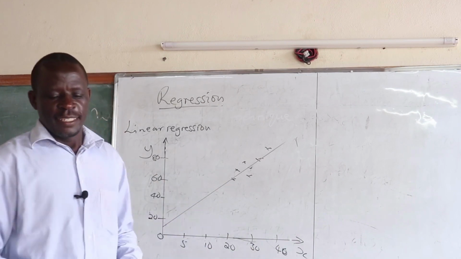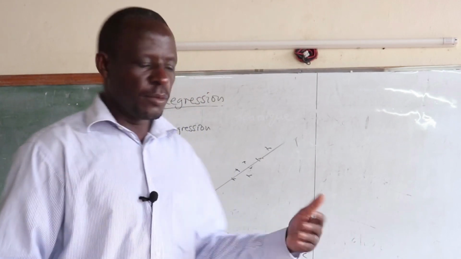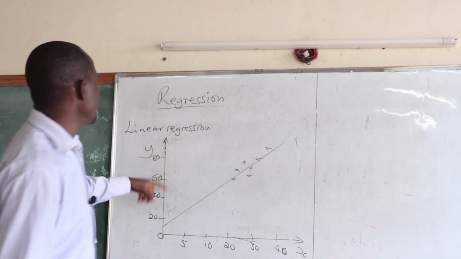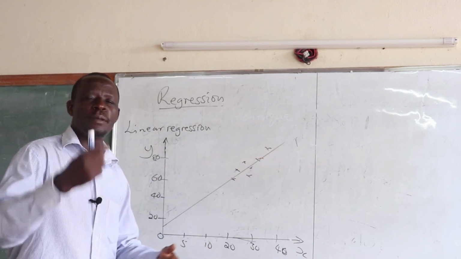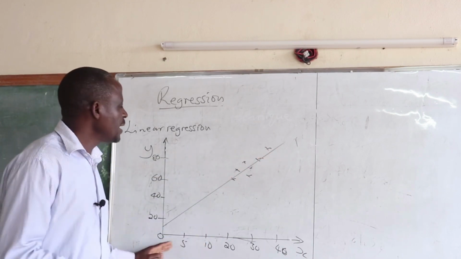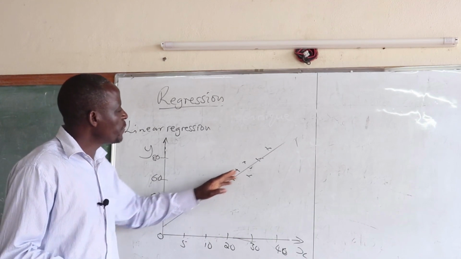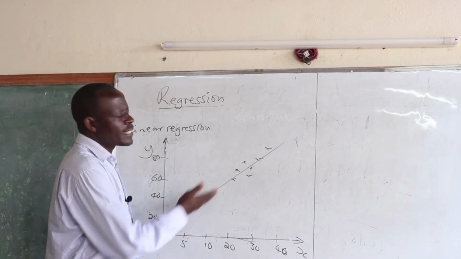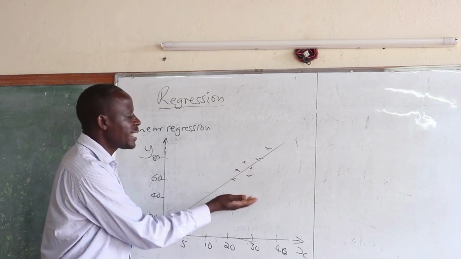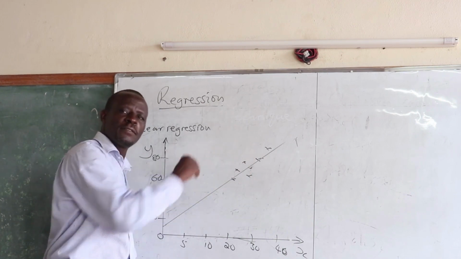But oftentimes we have been used to coming up with this line just by using the eye, making sure that this line fits the data set by having half of the data points below the line and half of the data points above the line.